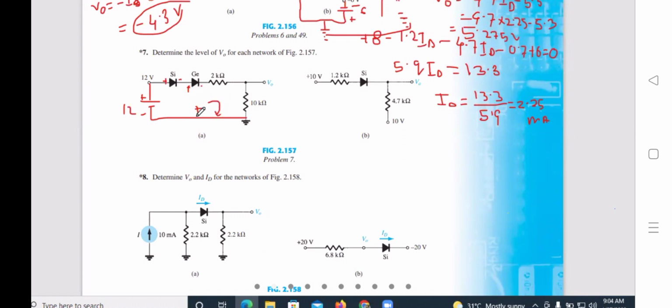Suppose I current is flowing. So this side plus, this side minus will be the polarity here. Here this side plus, this side minus will be the polarity.